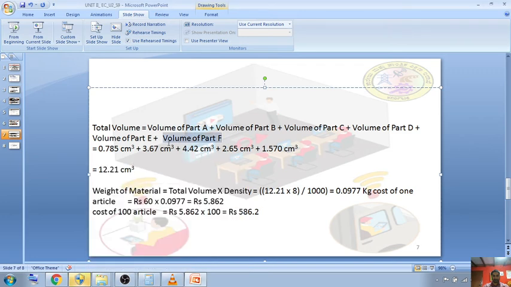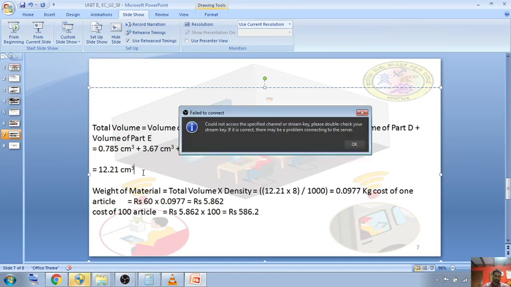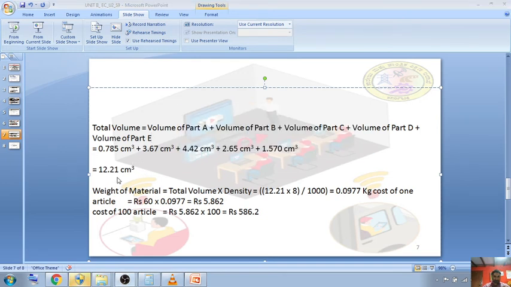There should not be any extra parts left here, only 5 parts. So the total answer is 13.095, which becomes 13.1. You can round it up, 13.1 centimeter cube. So here also it should be 13.1.